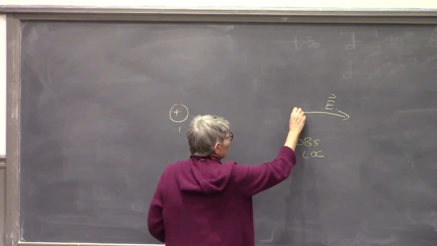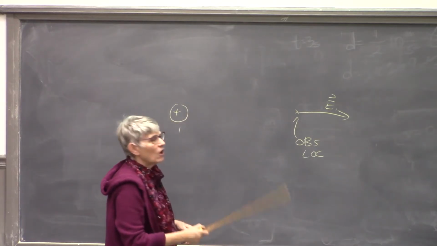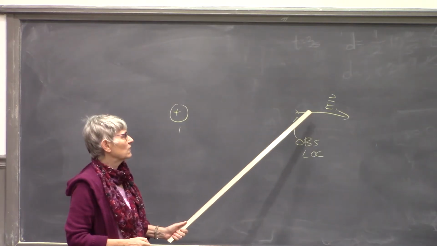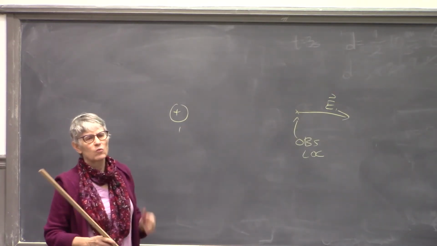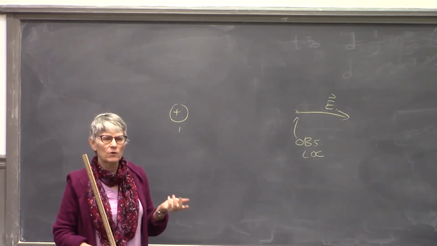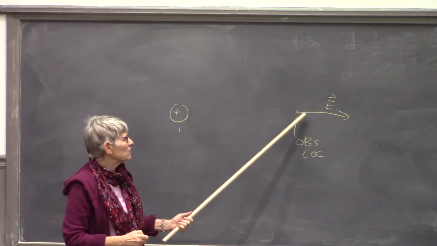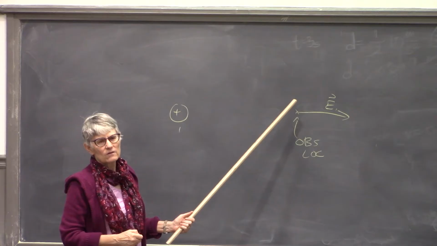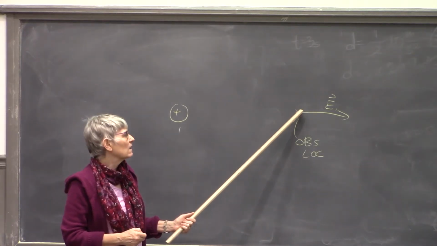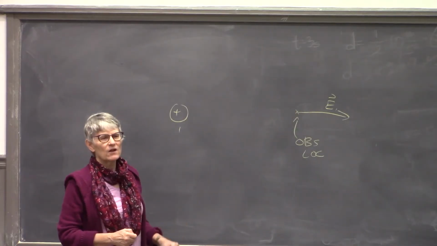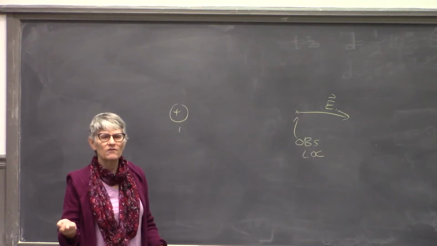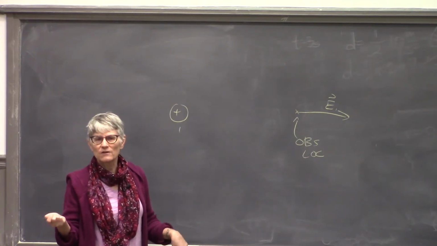And it's very important when we draw a vector representing electric field that we indicate the location where we're talking about, where we're measuring the electric field. And as usual, our convention is that the tail of the vector, the non-pointy end, has to be put at the observation location to communicate the fact that that's where we're measuring the field.